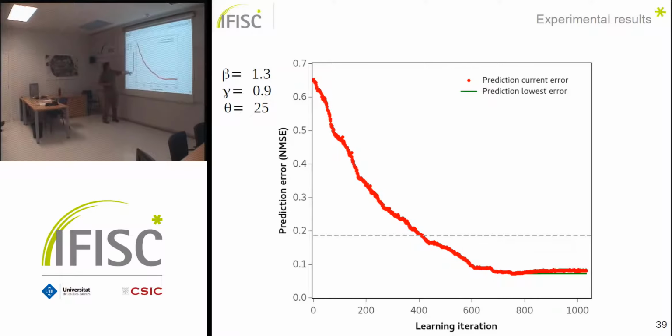At the beginning, when you use a random configuration of output weights, you have a very high error. But then, as the system learns and tries new configurations, the error goes down, down, down, crosses this line, which defines the performance of a linear reservoir, usually used for comparison, and reaches errors of 0.07.